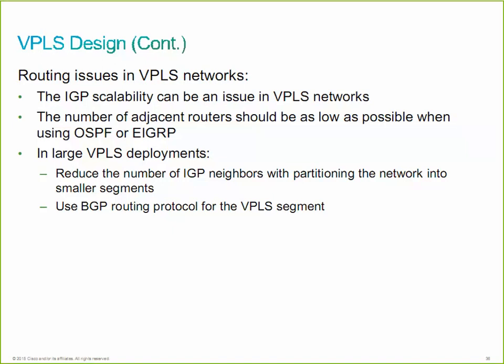Another issue that can result in instability of the VPLS network is the loss of connectivity between a DR and a BDR. Remember, we're going to do a designated router and a backup designated router election in this process.